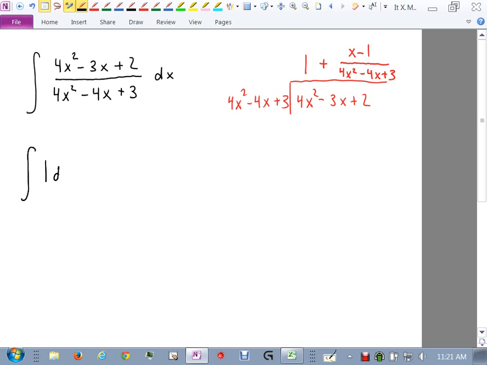It's the integral of 1 dx plus the integral of (x minus 1) over (4x squared minus 4x plus 3) dx. Please pay attention to what I'm about to tell you and show you.